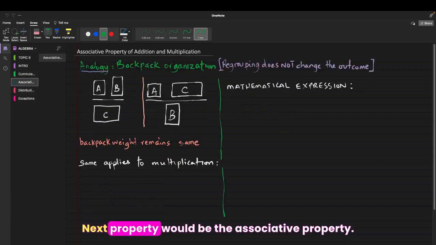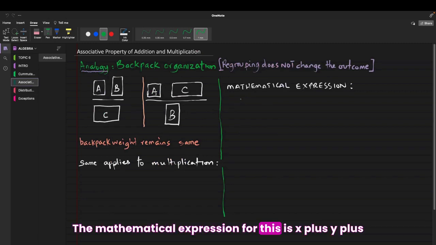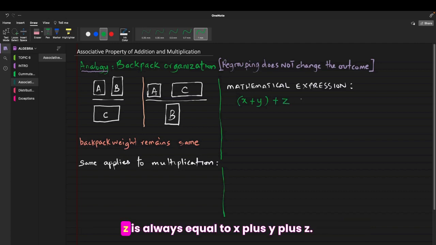Next property would be the associative property. The mathematical expression for this is (x plus y) plus z is always equal to x plus (y plus z).